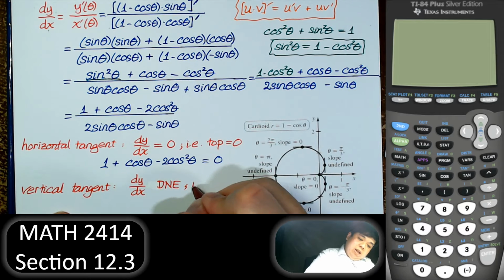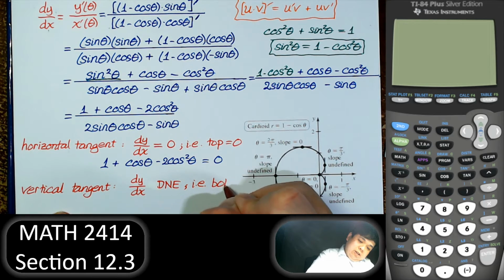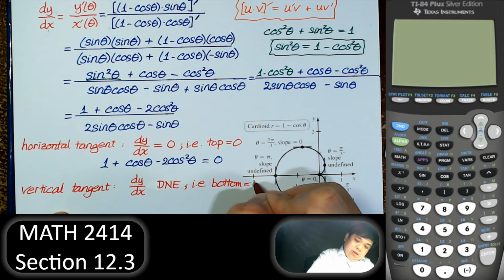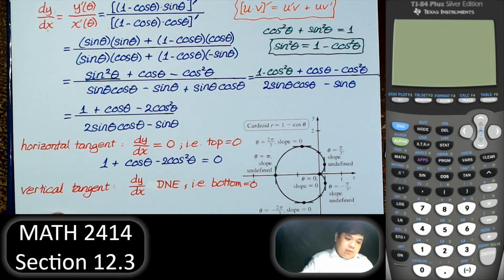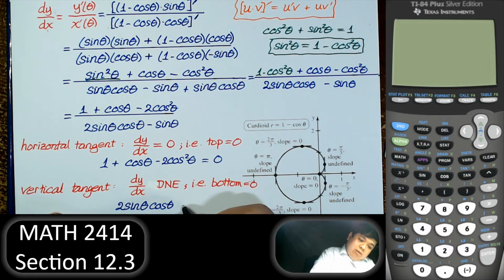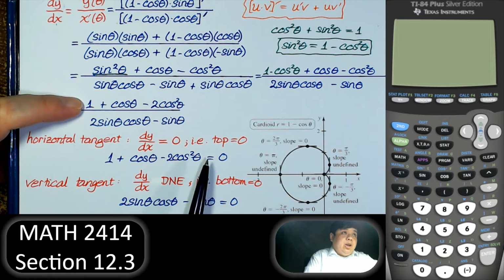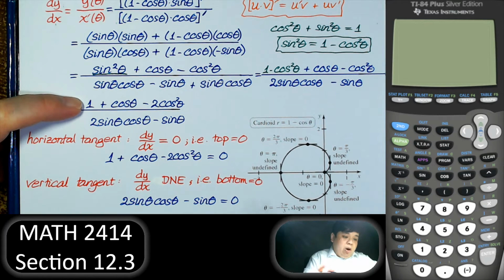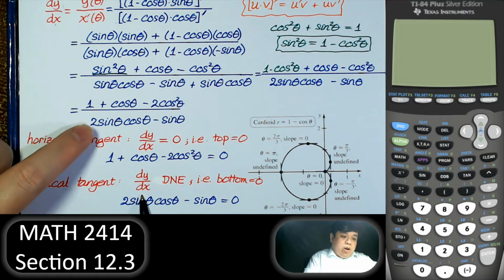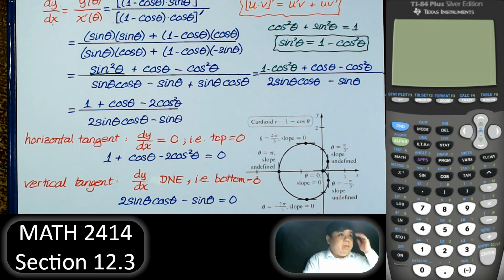Derivative does not exist, meaning the bottom equal to 0. So in that case, we have 2 sine theta cosine theta minus sine theta equal to 0. So the top equal to 0, the derivative equal to 0, horizontal tangent line. The vertical tangent line, derivative does not exist, where the bottom equal to 0. Right, we solve for that.